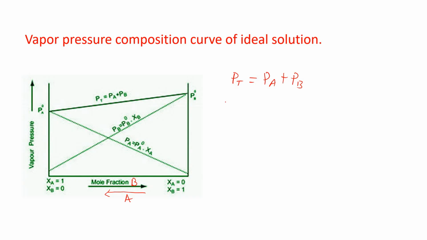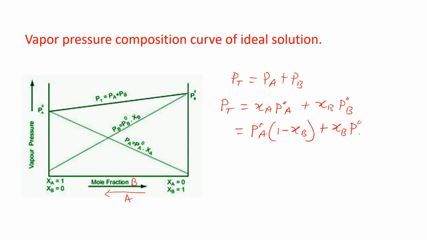Now, it follows Raoult's law because it is an ideal solution. So, PA we can write as XA into P naught A, plus XB into P naught B. Here I can write P naught A into (1 minus XB), because the total mole fraction should be equal to 1, plus XB into P naught B. So, this is equal to P naught A minus P naught A XB plus P naught B XB.